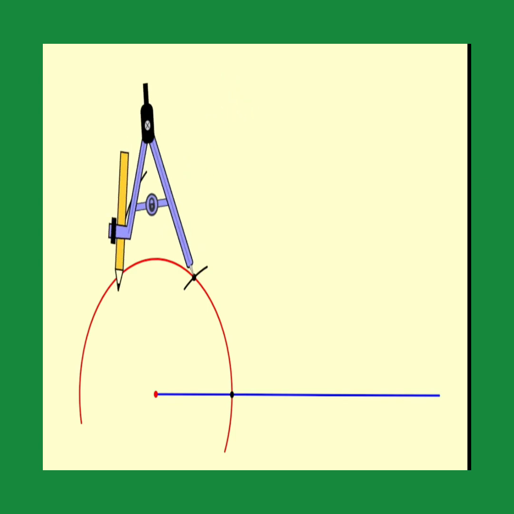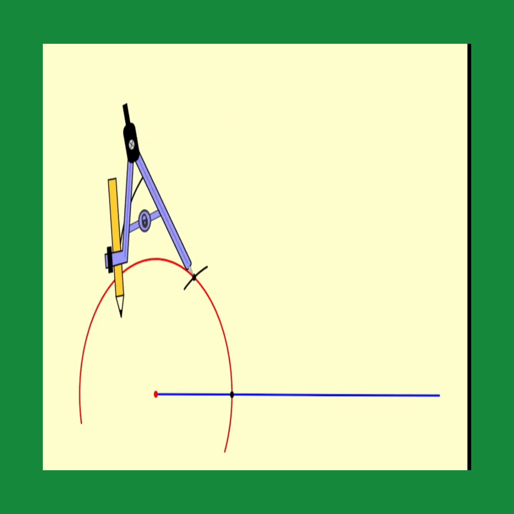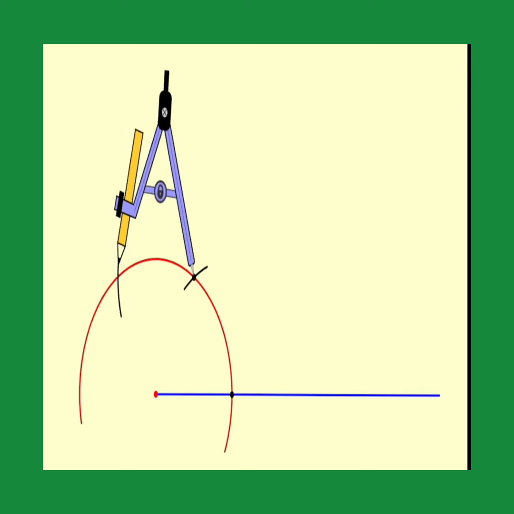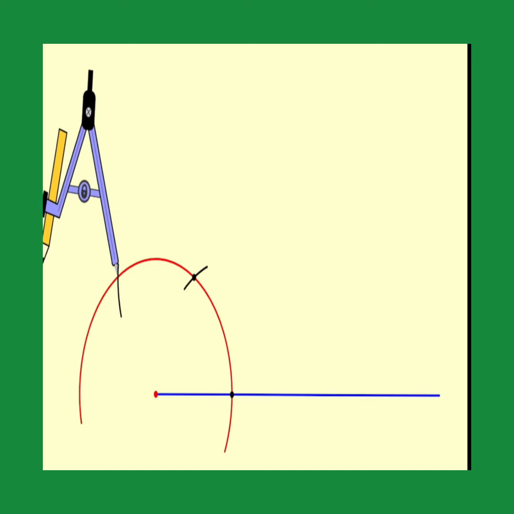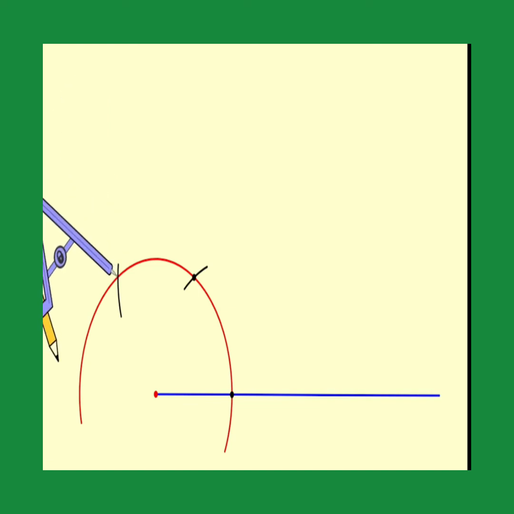You will get angle 120 degree, and if you place the pointer at this point of intersection, then you will get angle 180 degree. And the requirement is to draw angle 135 degree.